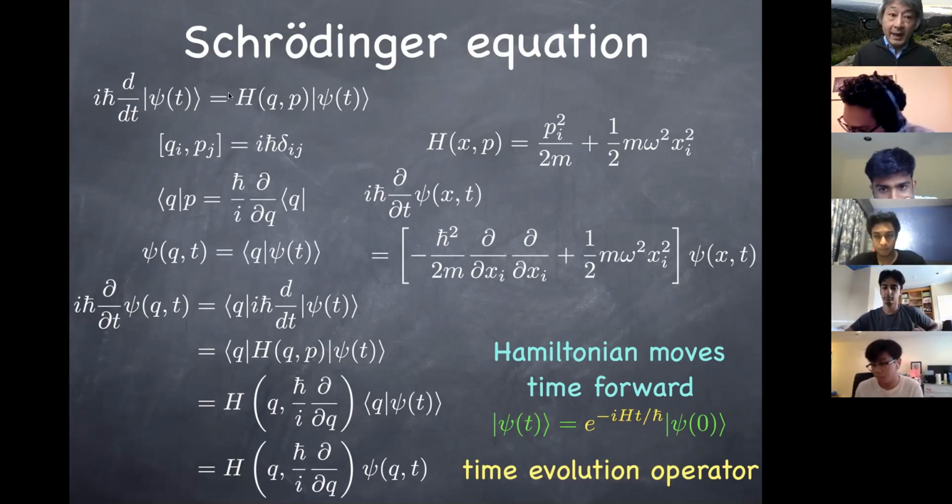So once again, H gives you infinitesimal time evolution. What is meant by this is that that's the time derivative. And if you integrate this, you find this unitary operator for the finite duration time evolution, and that's this e to the minus iHt over h bar. So this is what is called the time evolution operator.